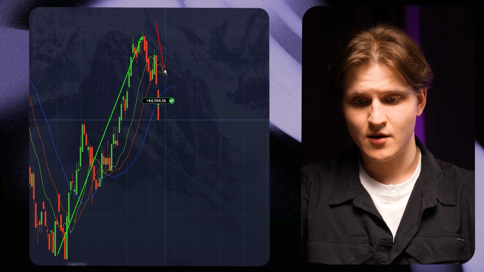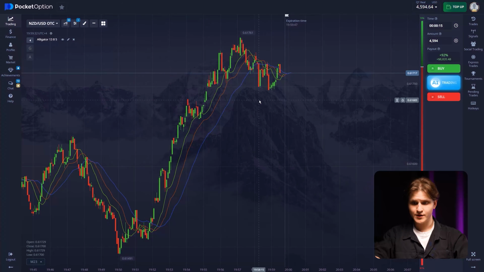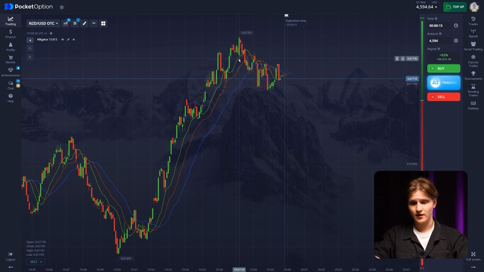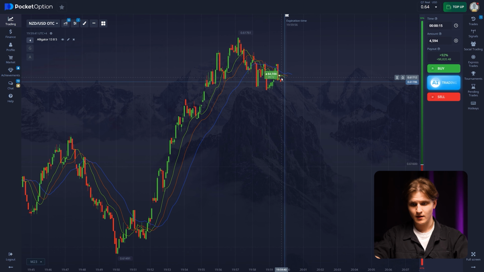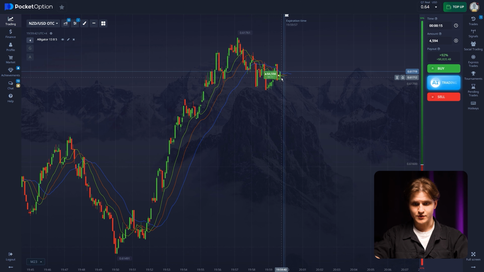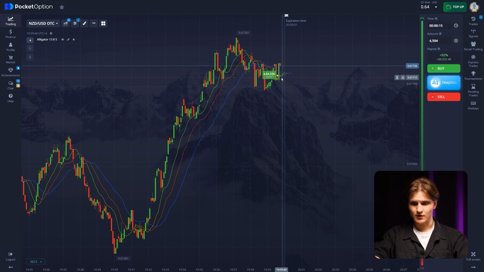Because of this, I opened the position down, but it is better to analyze such a situation more locally. Here we see a downward movement, a small correction, after which the alligator indicator again indicates a reversal and continuation of the upward movement. Here I open a trade up and wait for the expiration time. We will now discuss this transaction in more detail.